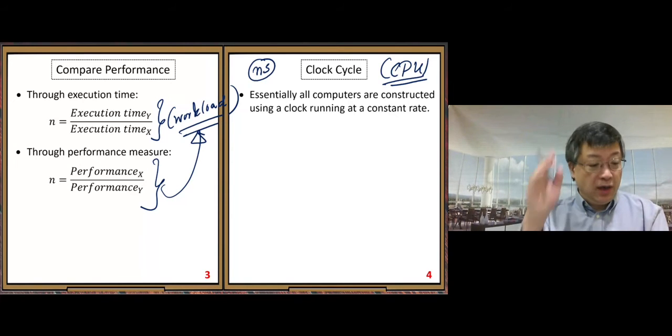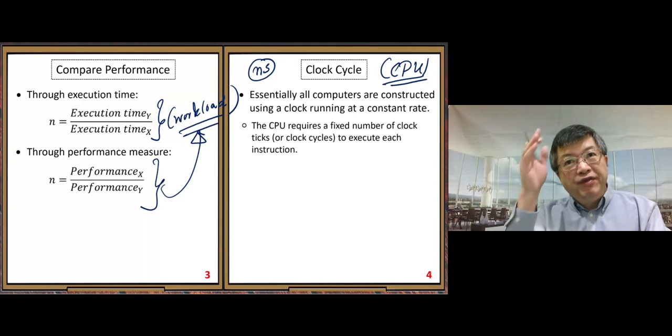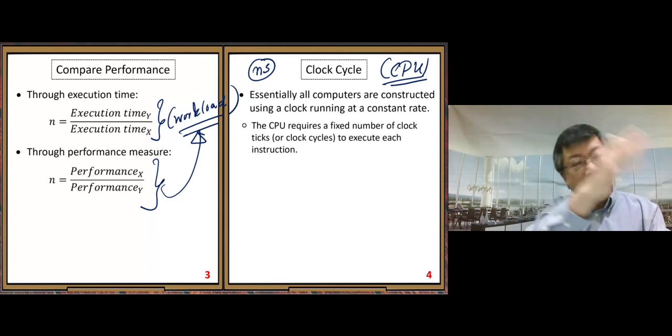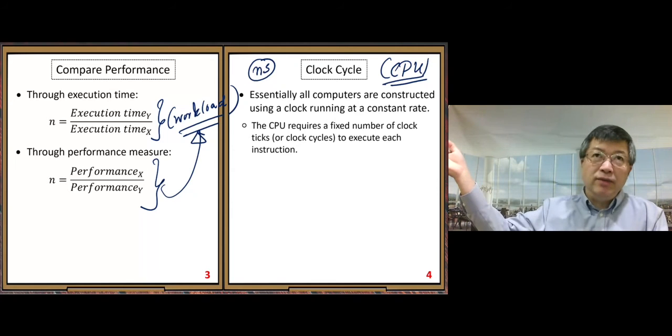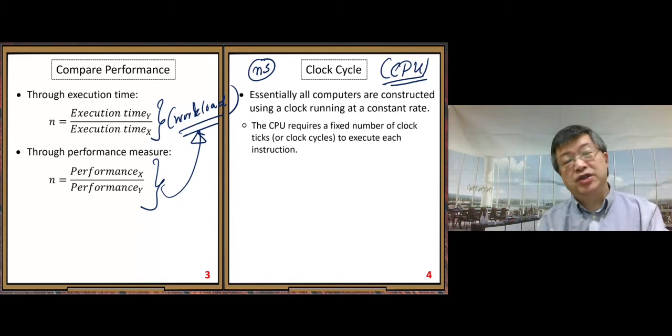So the CPU requires a fixed number of clock ticks. There are several names: clock cycles, clock ticks. Anyway, most of the time we just call it a clock cycle.